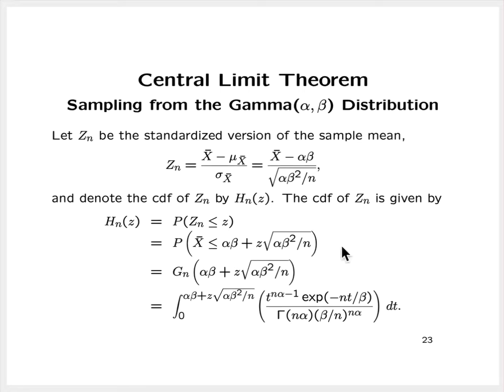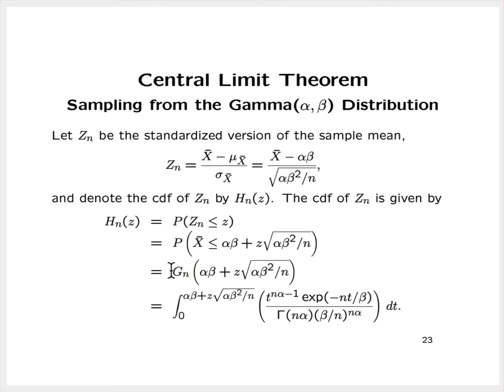Then we can use some algebra and rearrange things inside the parentheses to get a probability statement involving x bar by itself. Now you'll recognize that this probability statement is just the CDF of x bar evaluated at alpha times beta plus z times the square root of alpha beta squared over n.